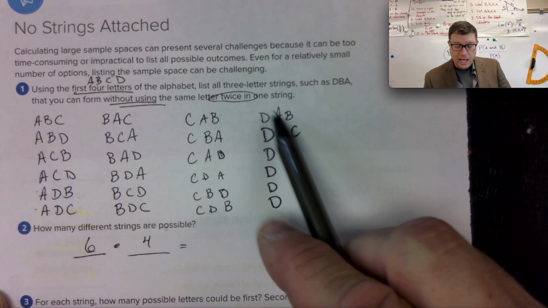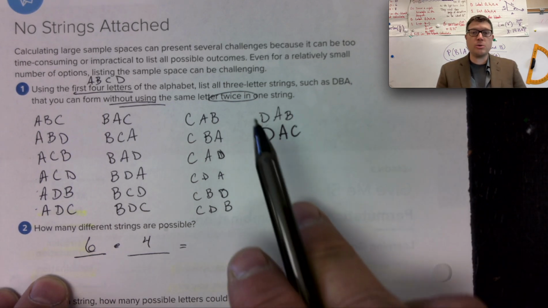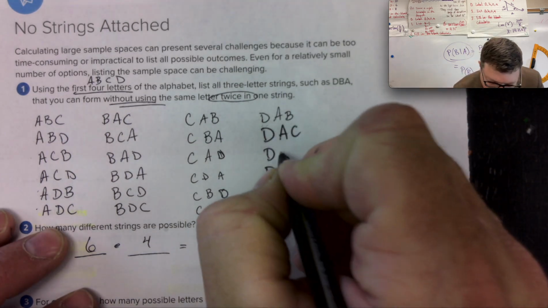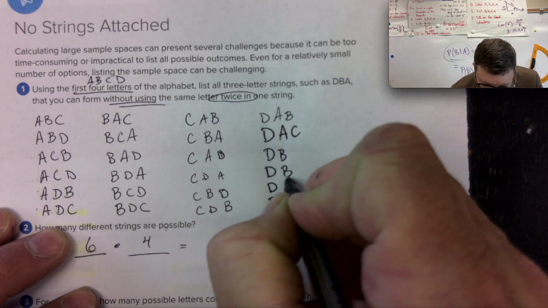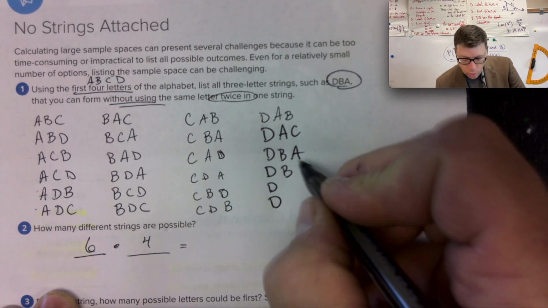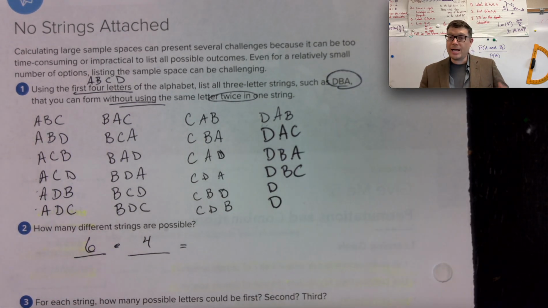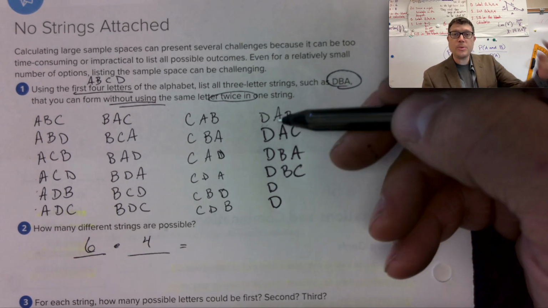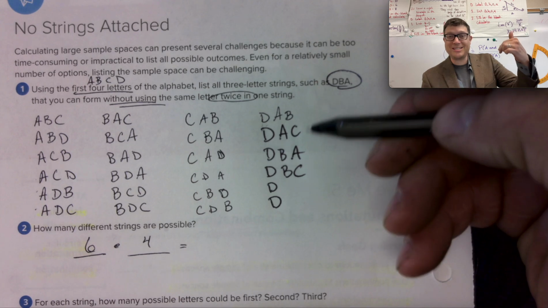So if I go DAB, then I can conversely go DAC. Let's not make A the second letter anymore. Let's make B the second letter. It can happen in 2 arrangements, DBA or DBC.